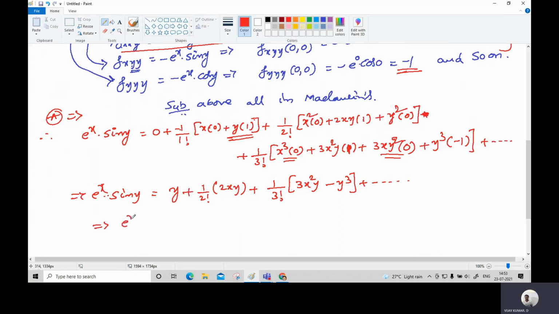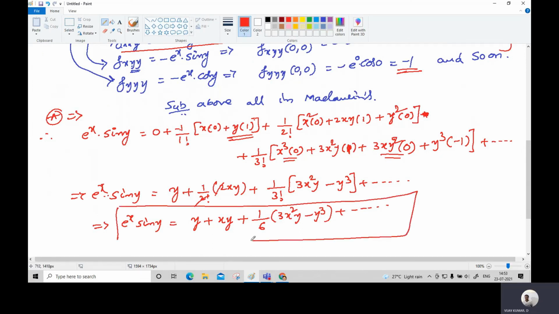So finally e power x into sin y is equal to, so here 2 factor getting cancelled, y plus xy, and 1 by 3 factorial is nothing but 1 by 6 into 3x square y minus y cube plus 1. So clearly this expansion has third degree term. This is the required Maclaurin series expansion of the given function.